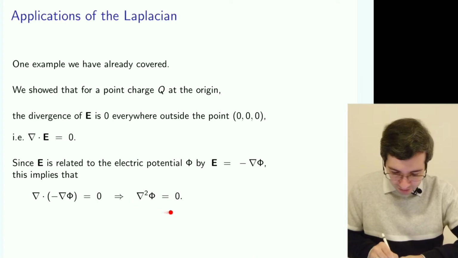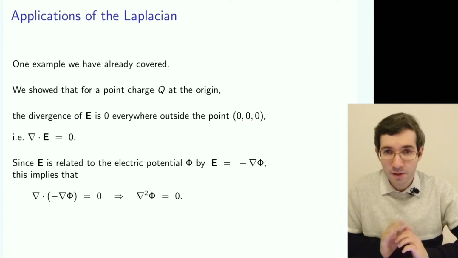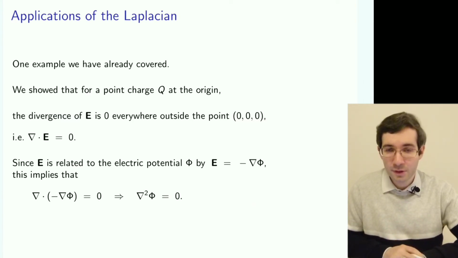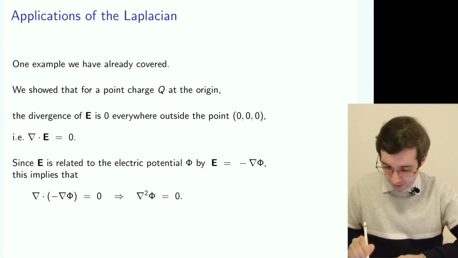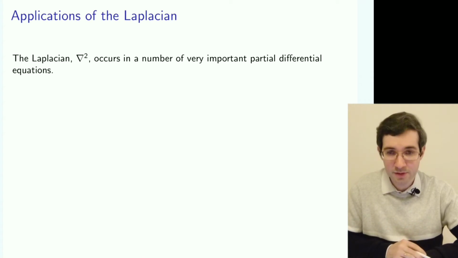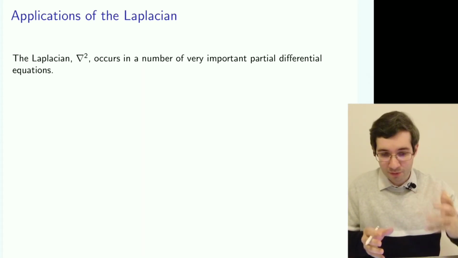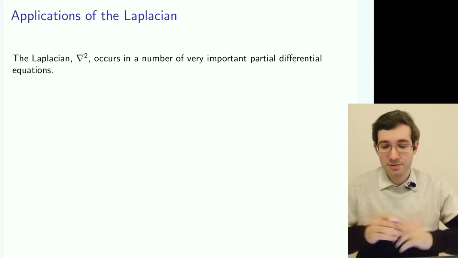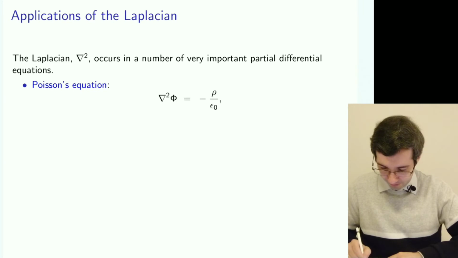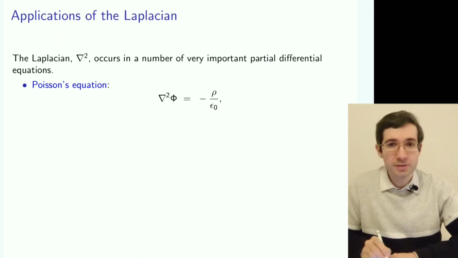But this is true for quite a wide variety of situations. More generally, there will be not 0 but some constant on the right hand side, but still lots of the phenomena are described by this kind of equation, and we'll see that in a minute. Indeed, it is one of the most important operators in science and engineering. We describe continuous phenomena which relate to some quantity being spread in space. For example, that is a more general form, which is called the Poisson equation, and this is actually absolutely ubiquitous.